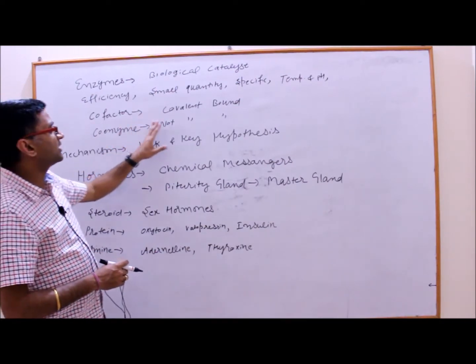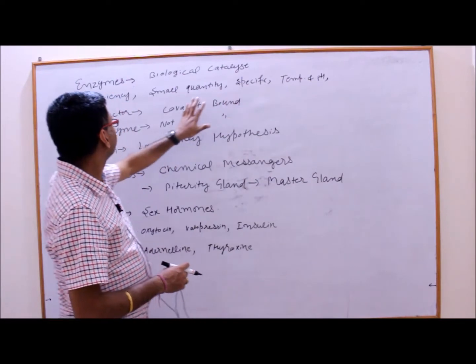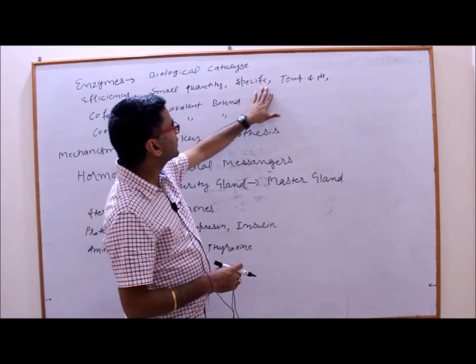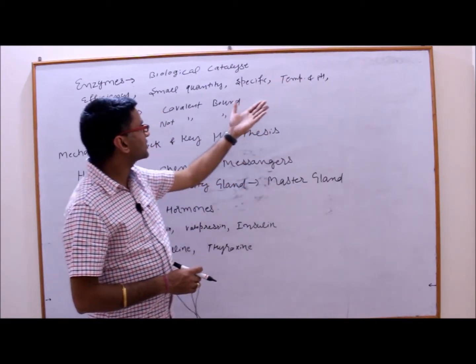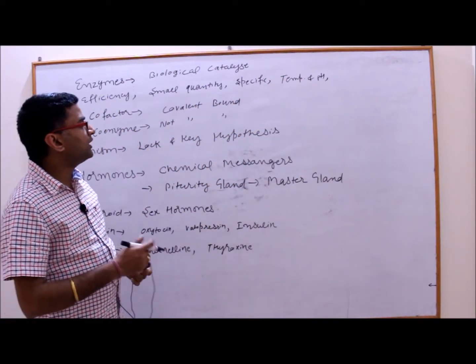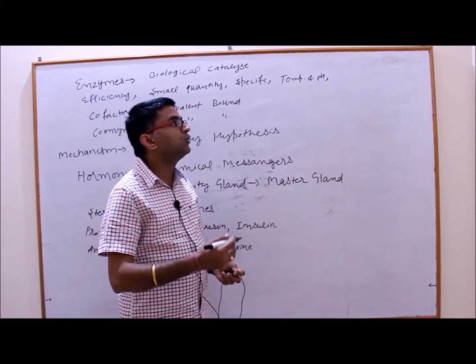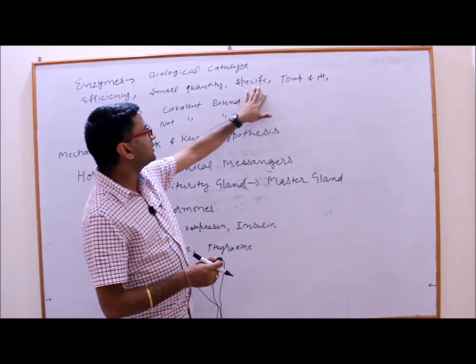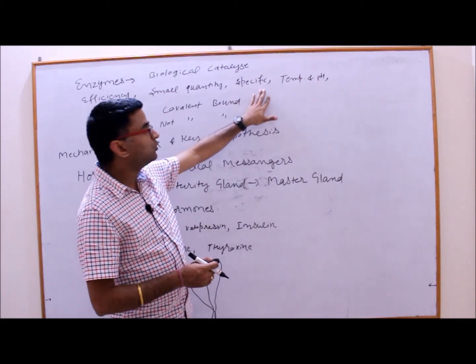Some of these terms, like being specific in nature and highly efficient, are something like the old aspect of the enzyme. But today, as we have more knowledge of the enzyme, as we are doing more research, the specificity is not that much true for the enzyme.